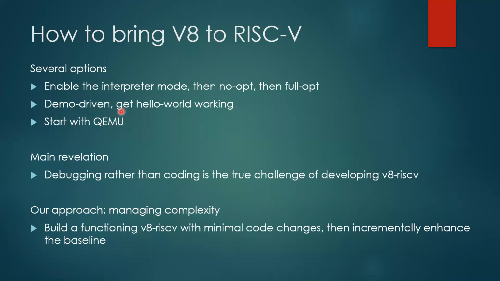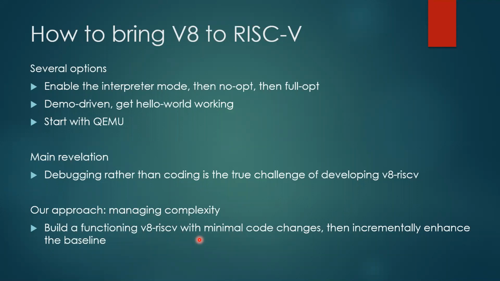Then we took some time to think about how to go about this. As I mentioned, we realized that debugging is more difficult than coding for developing this backend. So our focus has been how to reduce the complexity. Our solution is to define a minimum functioning V8 RISC-V with minimal code changes, not care about performance in the beginning, and reuse as much code as possible.